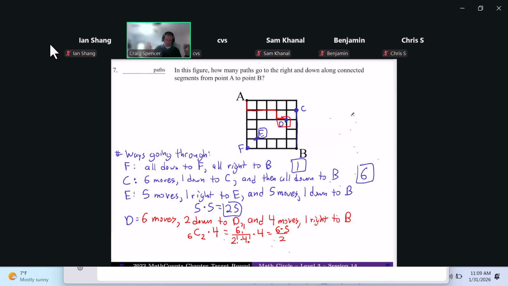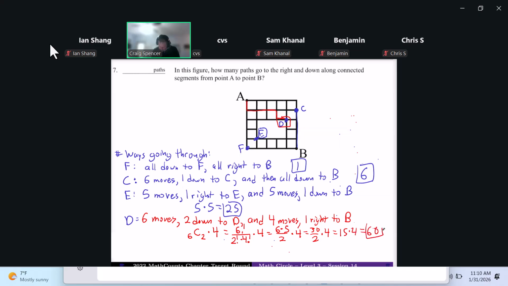So there's ways you could do this without using this fancier symbol that we learned maybe in September when we started MathCircle. So when we do this, we have 30 divided by 2 times 4. We have 15 times 4, or we get 60 ways.